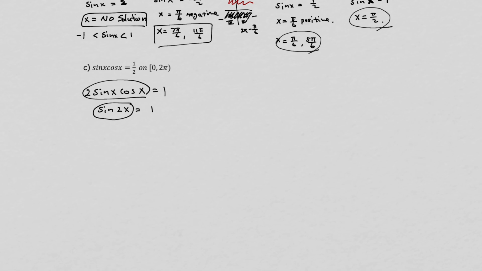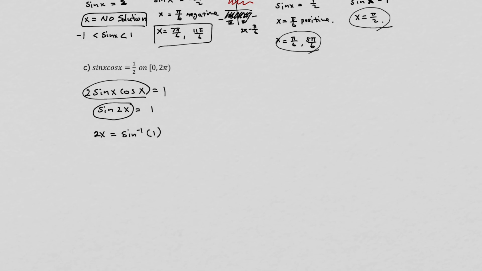So when you have sine 2x equals 1, you apply sine inverse to both sides, so you can get rid of sine. Then you get 2x equals sine inverse of 1.